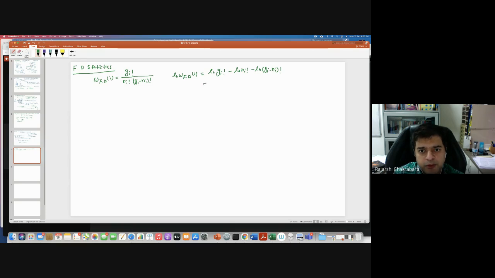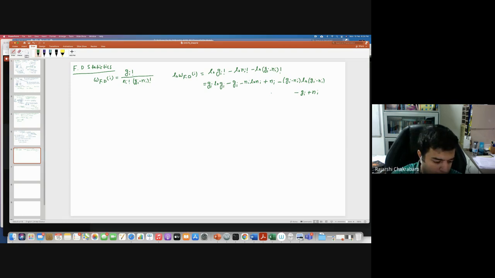Again, I'll make use of Stirling approximation. Sorry, it should be minus. N minus n.